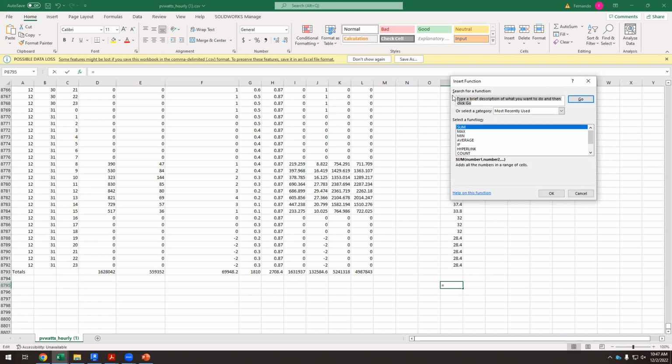If you don't find them, you can type here minimum. Click, and MIN is the minimum value of a series of values. So I have to select minimum.